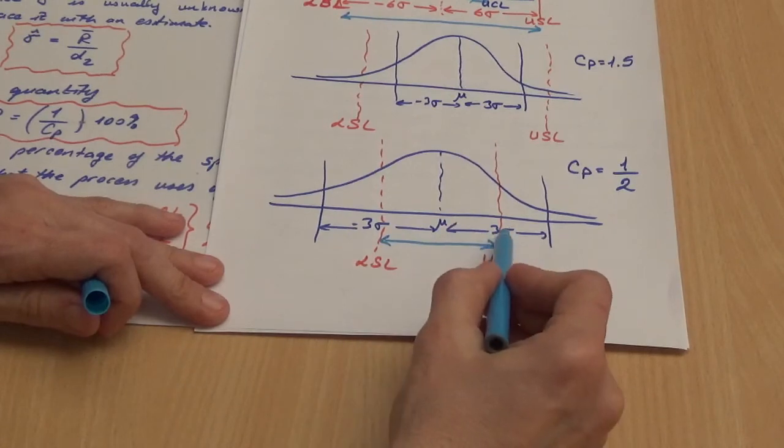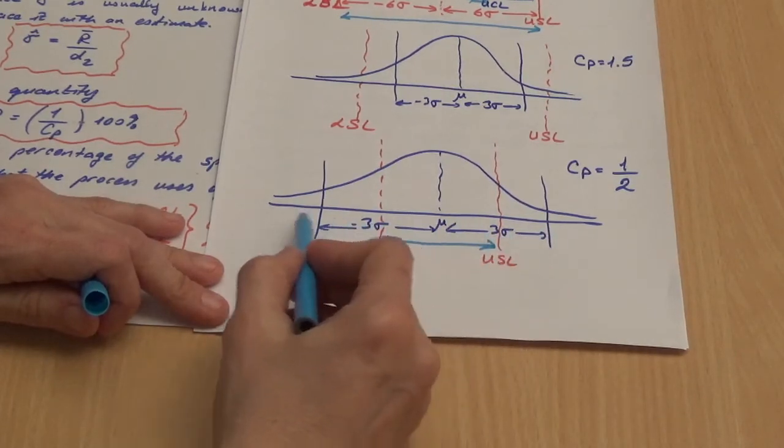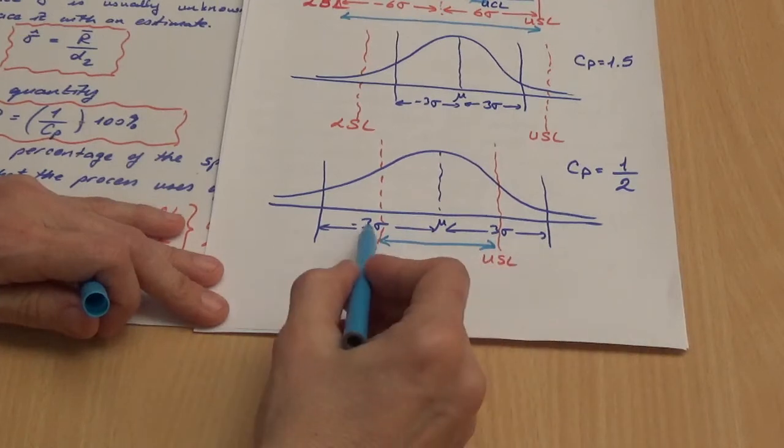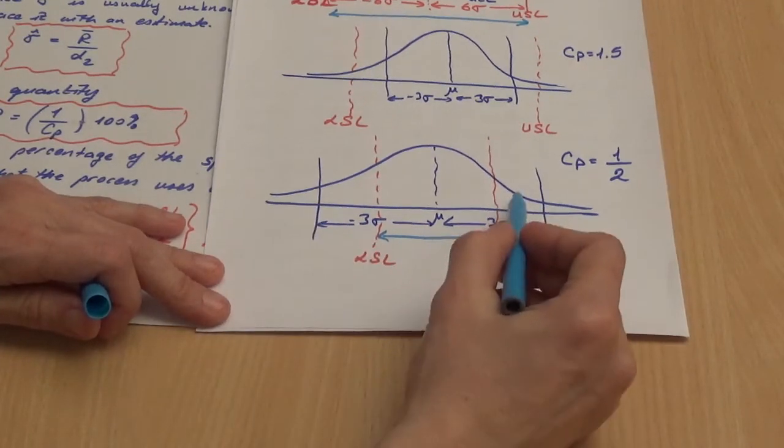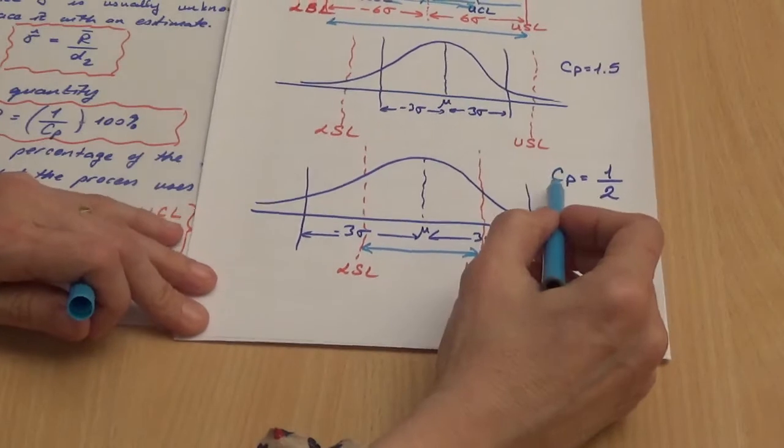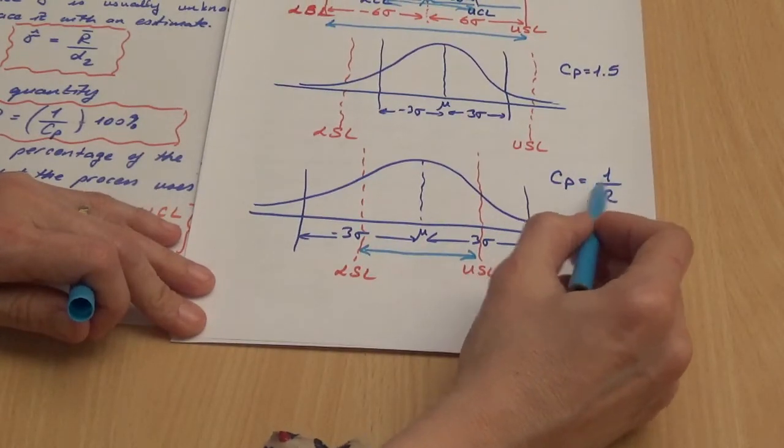So we are producing this much waste, which our customers wouldn't like to buy. So Cp is equal to 1/2.